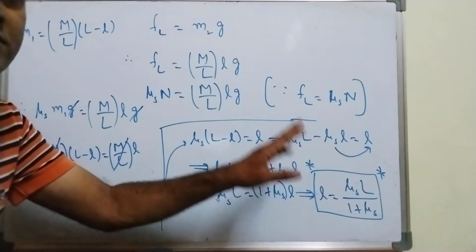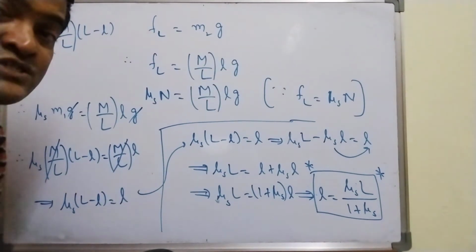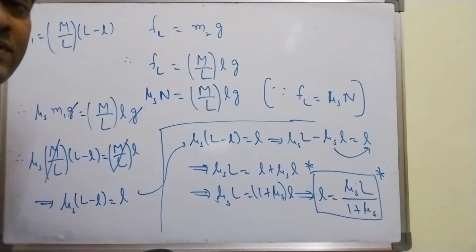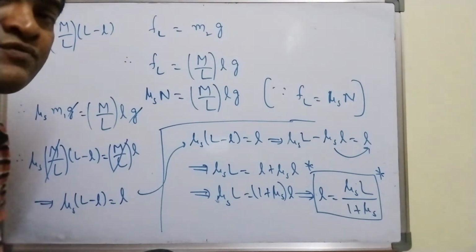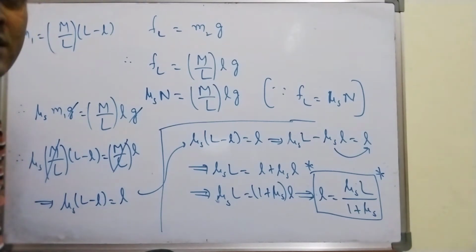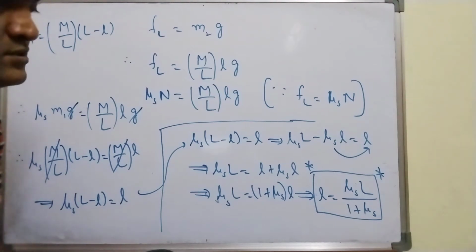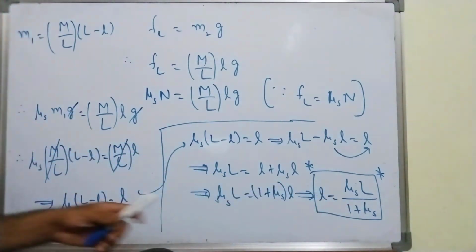Or sometimes, what fraction of the length must hang from the table so that the chain cannot slide down? Fraction in the sense, how much part is hanging divided by the total length. Total length is what? Capital L.